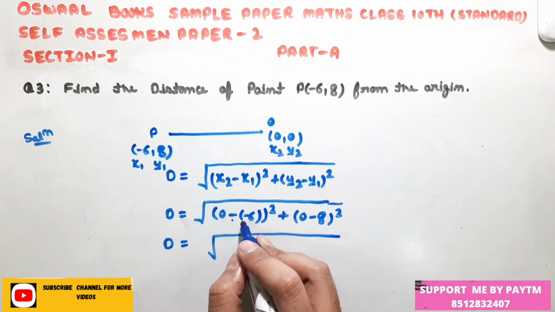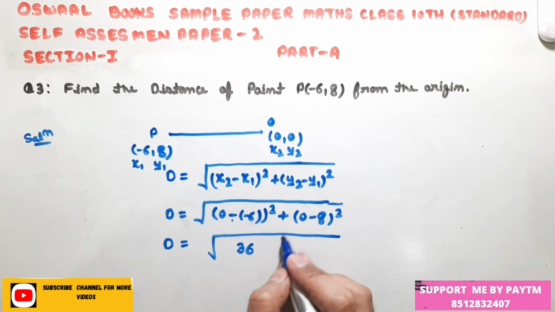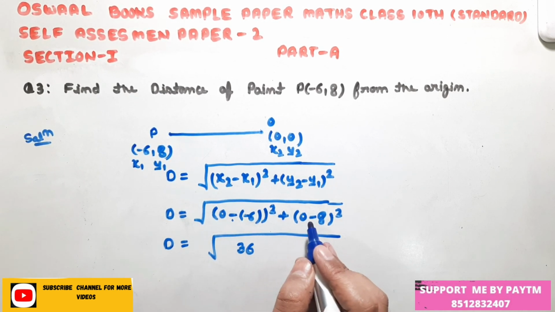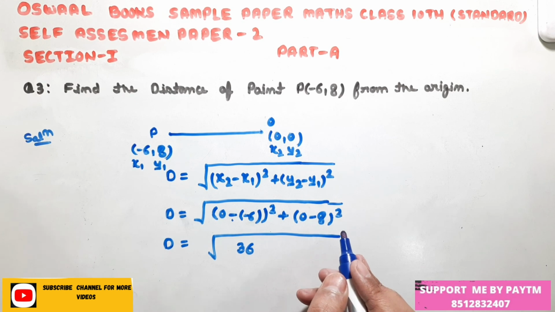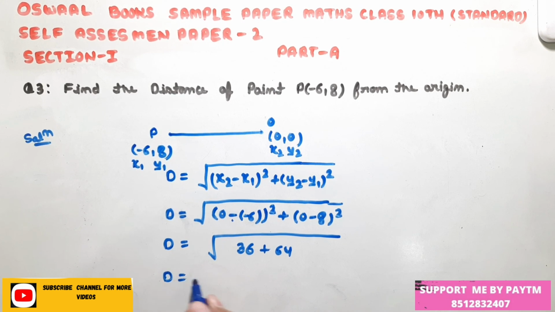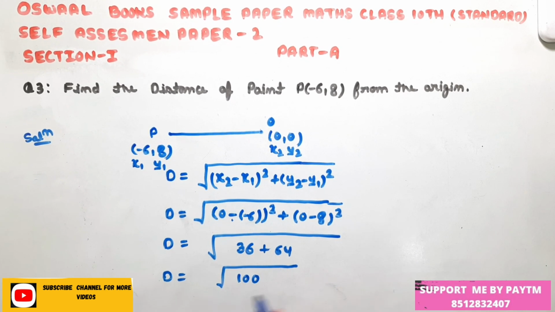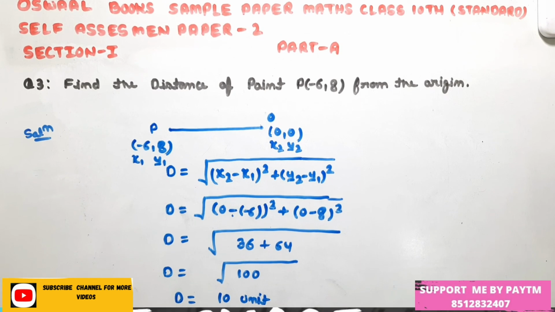Minus minus will be plus, so 6 square will be 36. 0 minus 8 will be minus 8 and minus 8 square will be 64. So 64 plus 36 will be 100. So D will be equal to 10 unit. This is our answer.